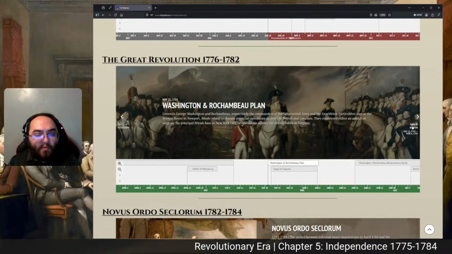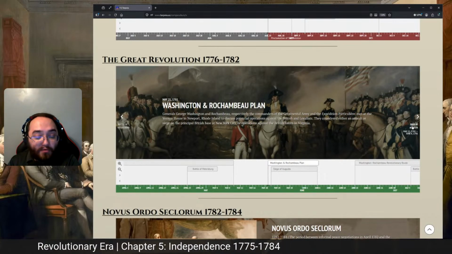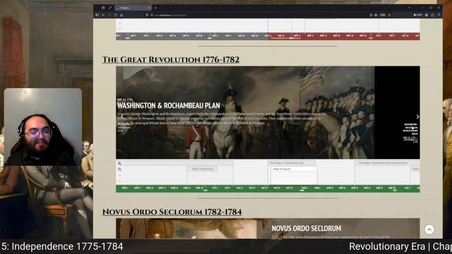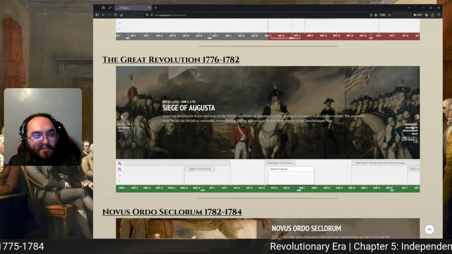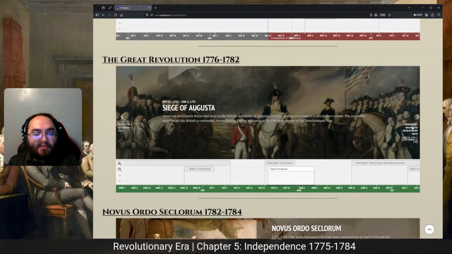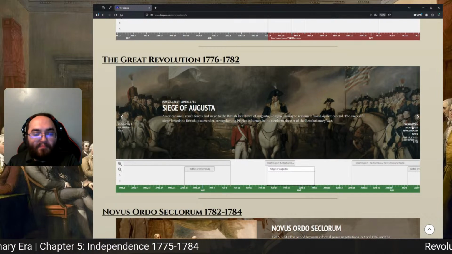Then you have the Washington and Rochambeau plan a march from the north all the way down to the south. You have the Siege of Augusta. American and French forces laid siege to the British-held town of Augusta, Georgia, aiming to reclaim it from Loyalist control.